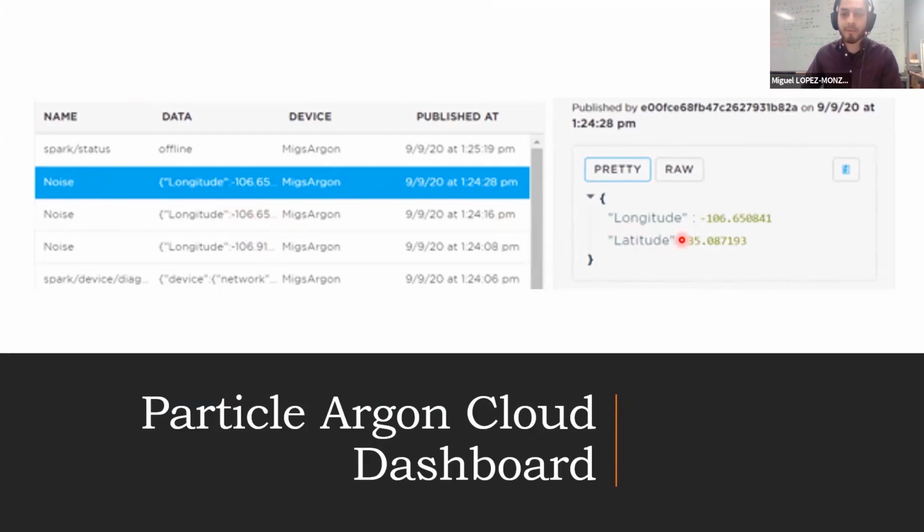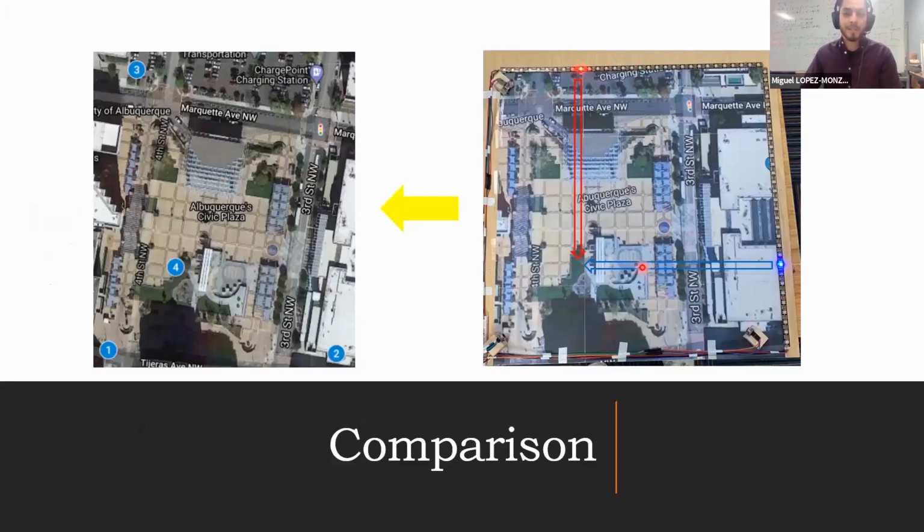On the right, you can see it gives you the precise longitude and latitude coordinates of where the sound actually happened. If you give those coordinates to Google Maps, you get this exact location. So we know that it's precise with GPS coordinates as well, which is amazing, and we know that it's at the top of the line.